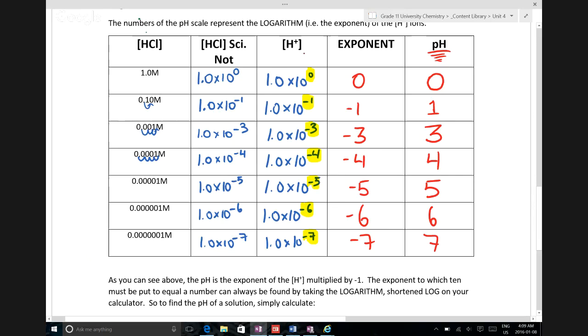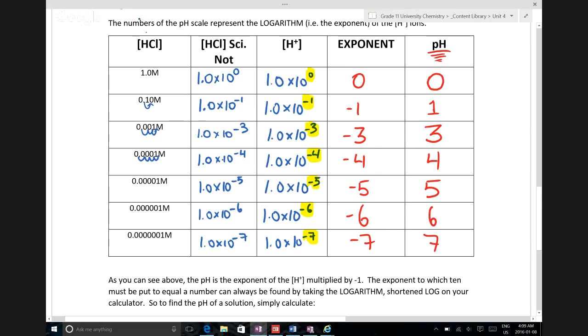So a pH of 0 actually represents a lot of H+ ions because that's 1.0 times 10 to the 0. But as we get less, as we have just 0.1, that's 1.0 times 10 to the negative 1, that's a pH of 1. And as we go really small, as we have 0.0000001 molar, this really, really dilute solution, that's 1.0 times 10 to the negative 7.